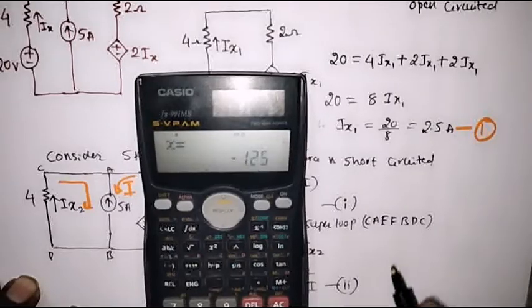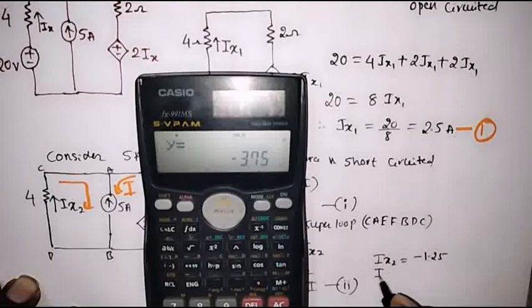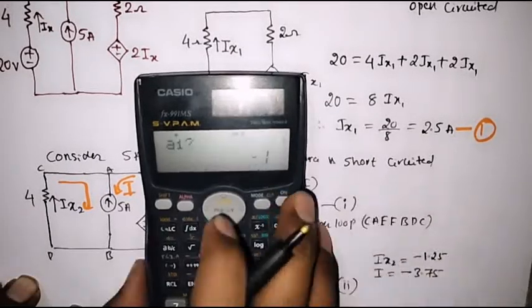Therefore Ix2 is equal to minus 1.25 and I is equal to minus 3.75. Ix2 is the second current.